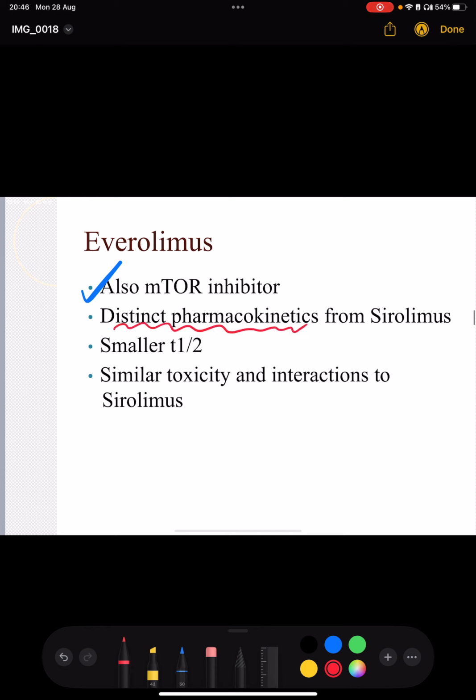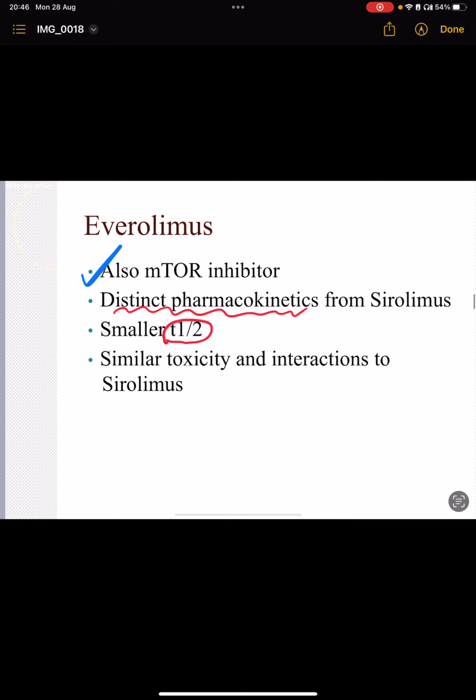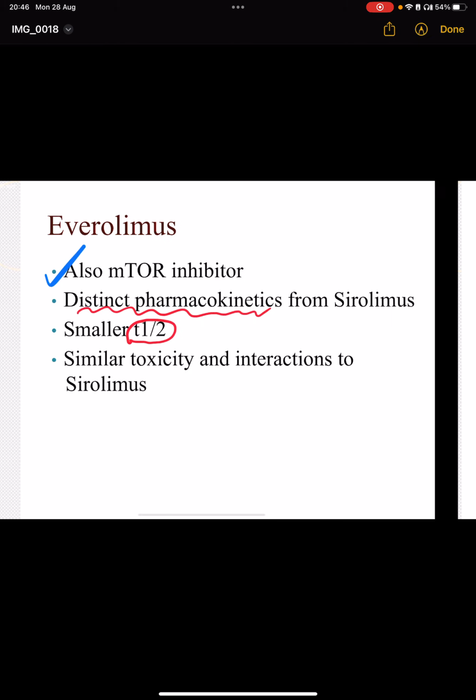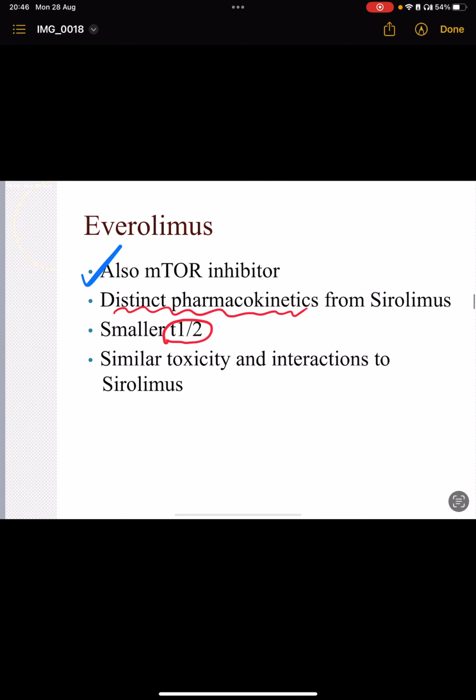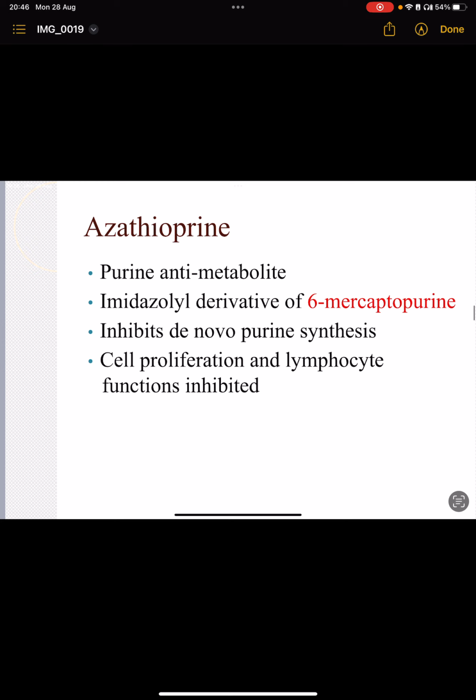Pharmacokinetics are distinct because it has a smaller half-life, but pharmacodynamics are the same. It is also an mTOR inhibitor, same mechanism of action. Similar toxicity and interactions to sirolimus. So that's everolimus. It's basically an analog to sirolimus, very similar.